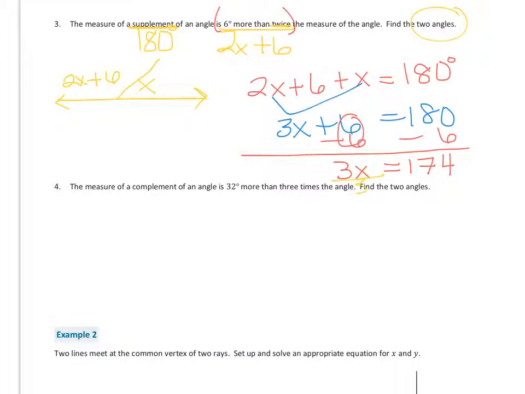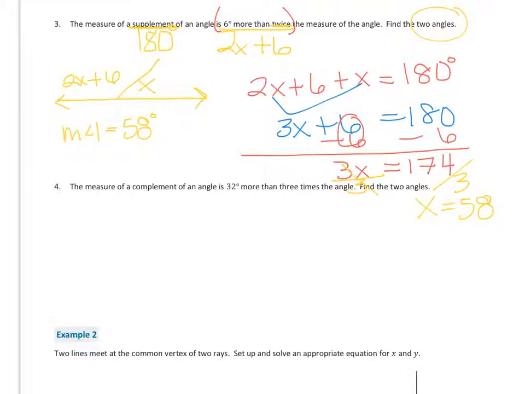Divide both sides by 3. 174 divided by 3 is 58. All right, so that is one angle. So measurement of angle 1 equals 58 degrees.